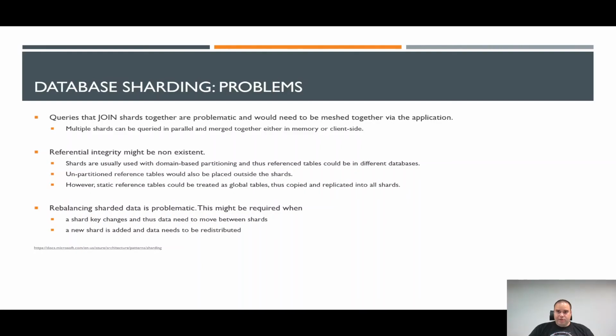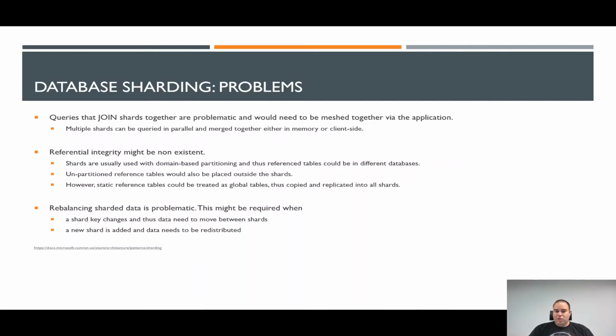Database sharding has its own problems. Queries that need to join multiple shards together cannot be done at database level. There are no views, there are no linked servers. Therefore, such consolidation needs to be done at application level. Also, referential integrity might be non-existing, because with shards we usually distribute transactional information.